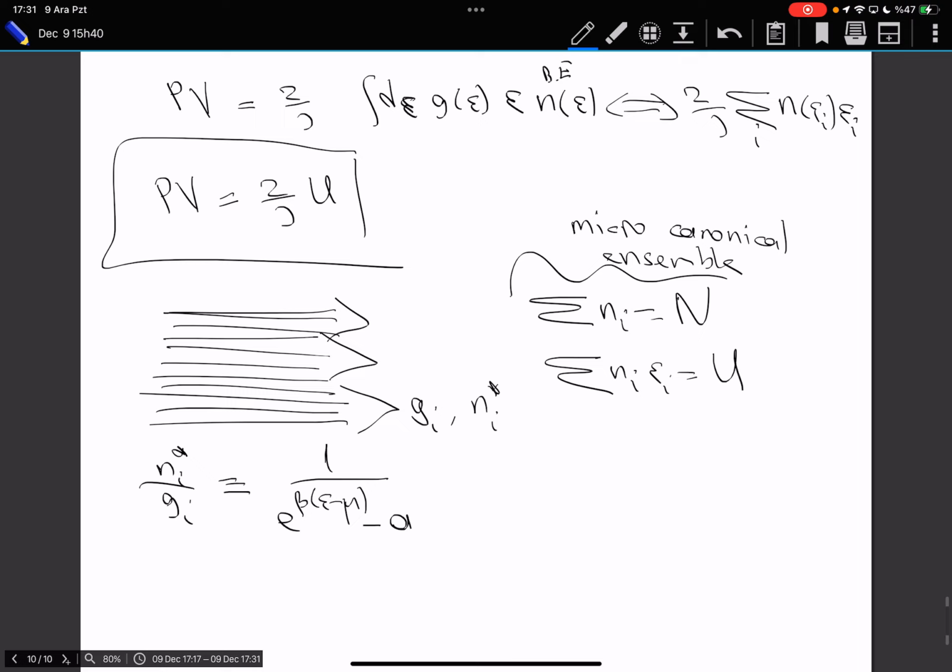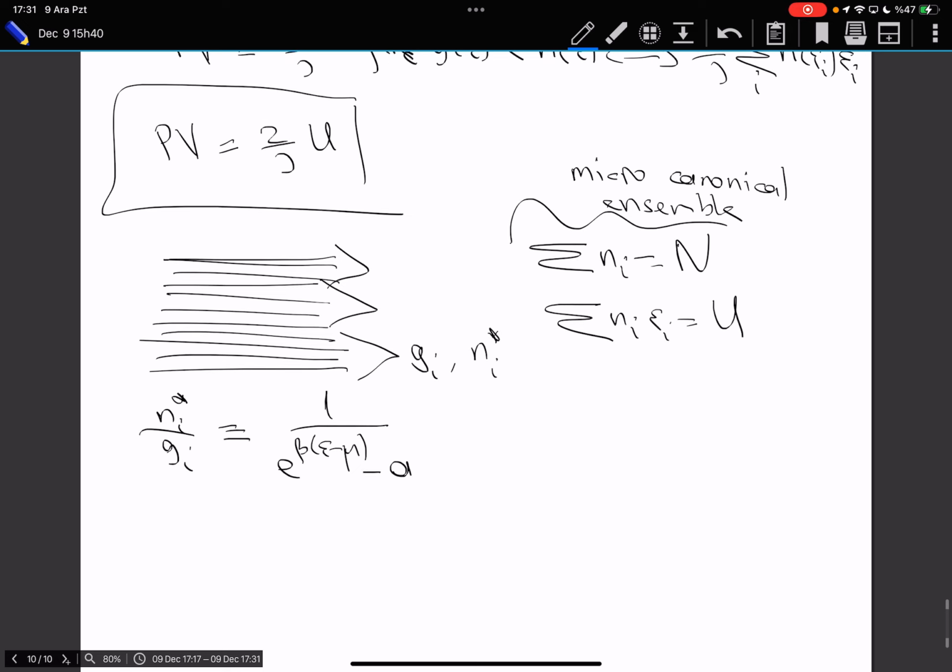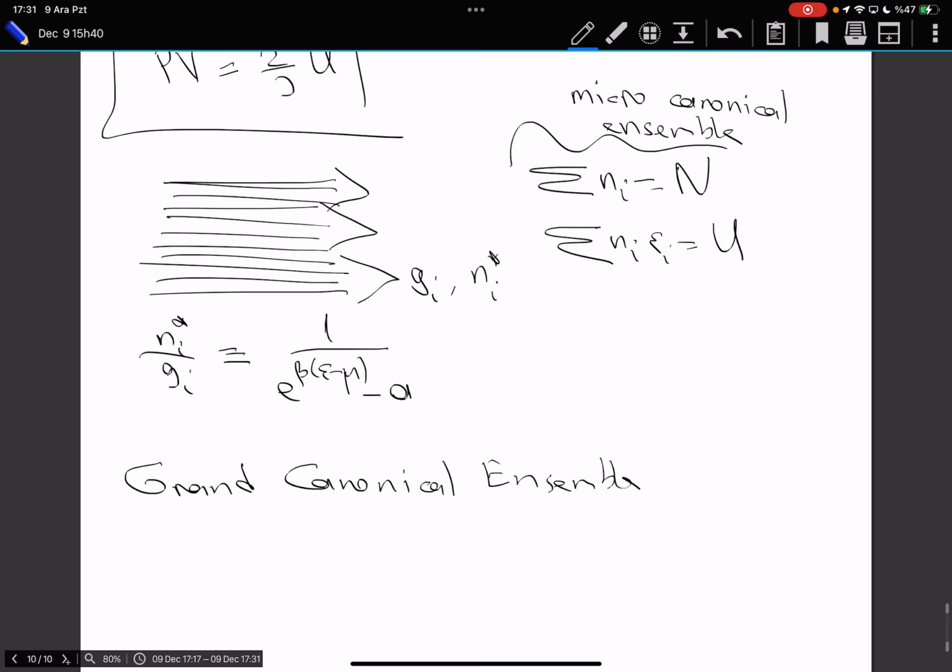And we had all these cells and calculated the most probable distribution, etc. But then we went to the grand canonical ensemble, where this sum over N_i gives us the average number of particles.